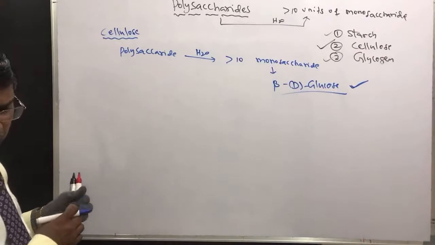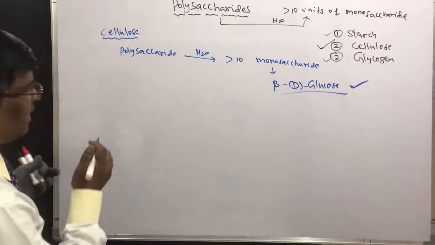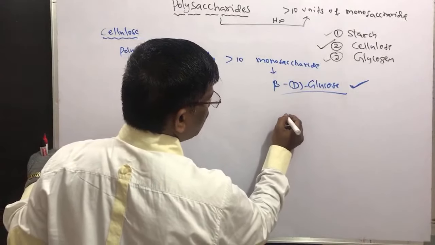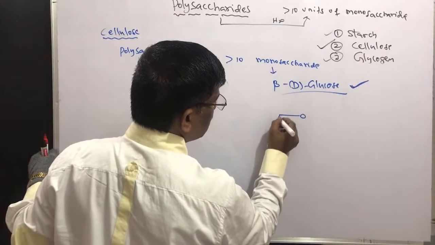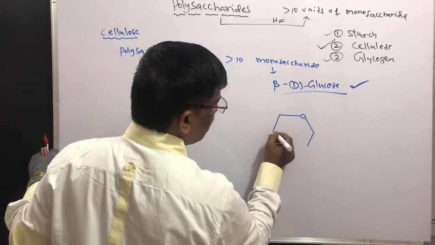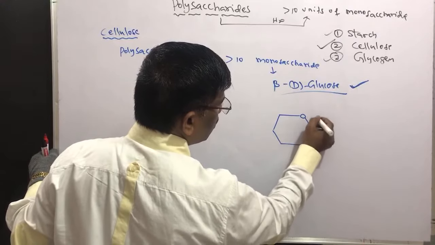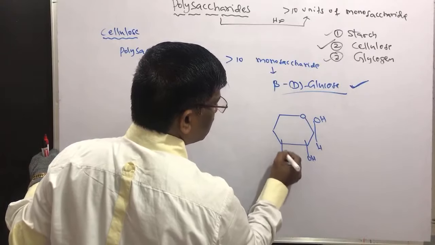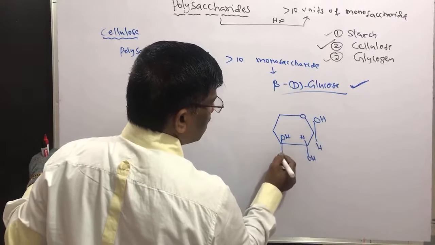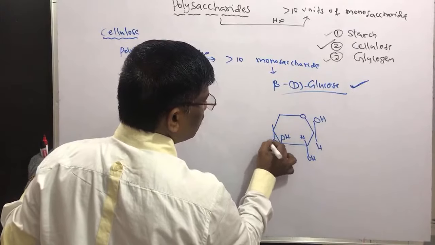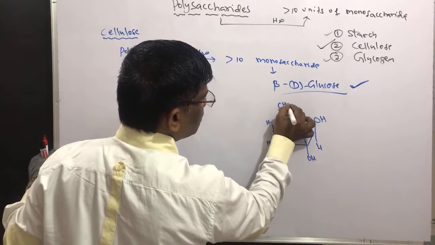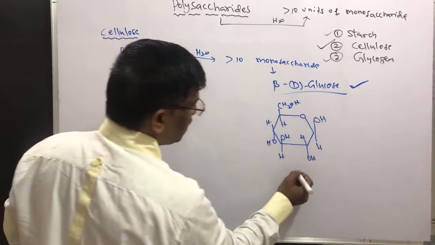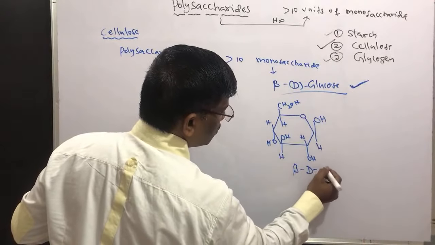Then how is it going to form glycosidic linkages? It is going to have beta D glucose. So how to write beta D glucose? If I write one molecule of beta D glucose, this is hydroxy, and down, and this is inside, and this is down, this is CH2OH and hydrogen. This is beta D glucose.